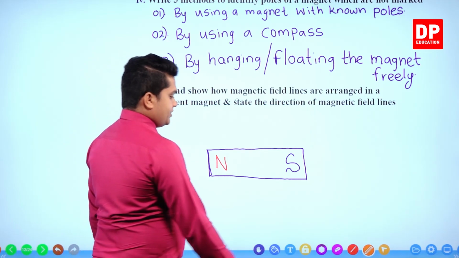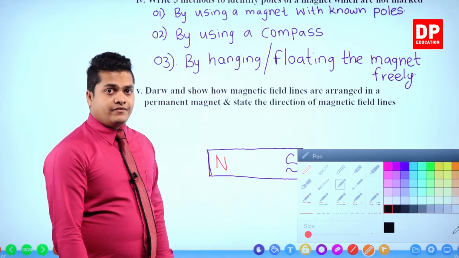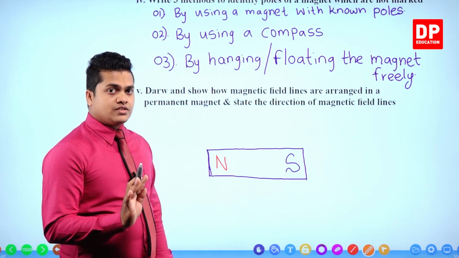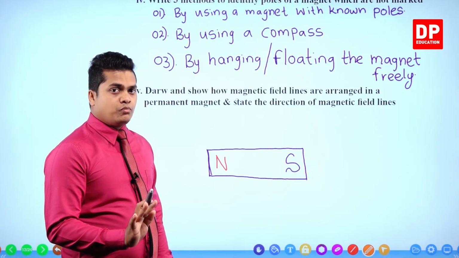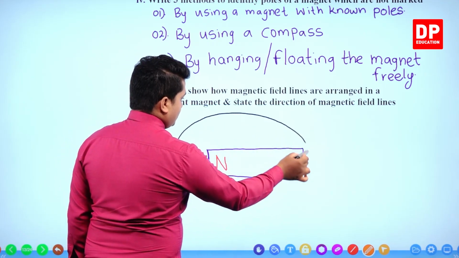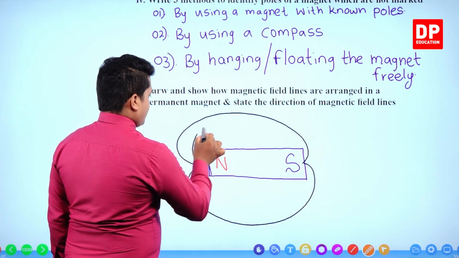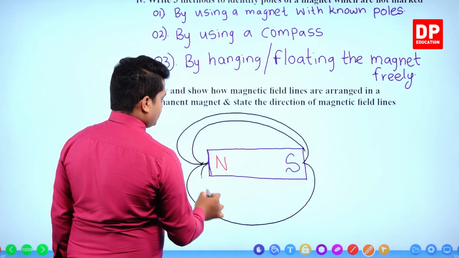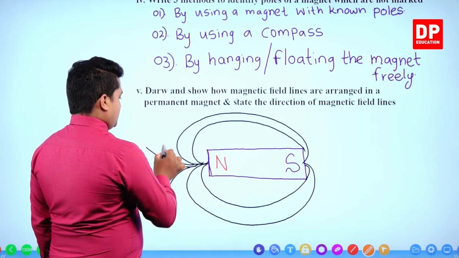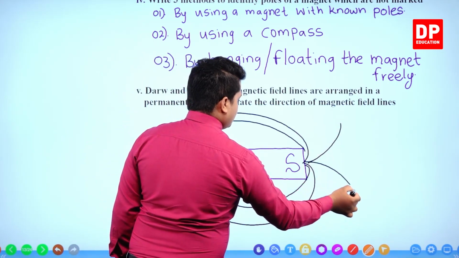Then I'll use black color to show the magnetic field lines. So magnetic field lines are getting spread towards the south pole, starting from the north. So it's spreading like this, in each and every direction we can observe.